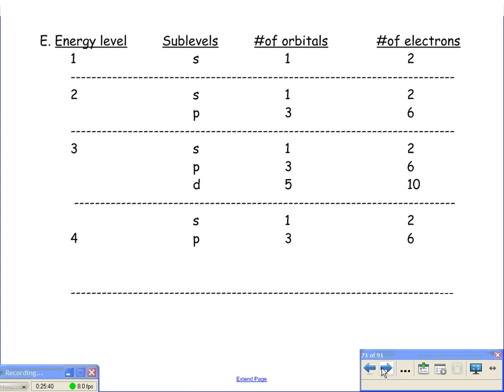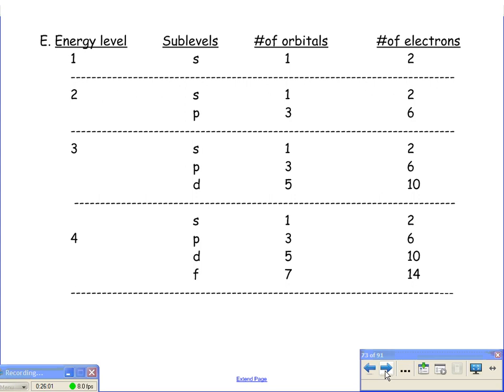Then the third energy level also has a D sublevel that has 5 orbitals, so it can hold 10 electrons. Every level past then is also going to have a D. Then the fourth energy level also has an F, which has 7 orbitals and can hold 14 electrons.